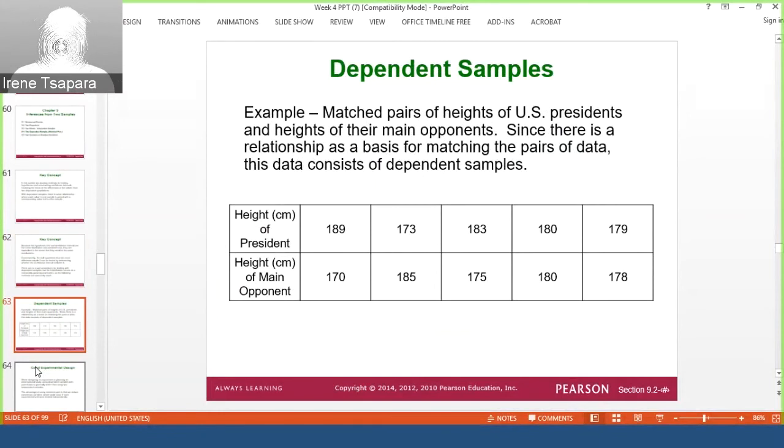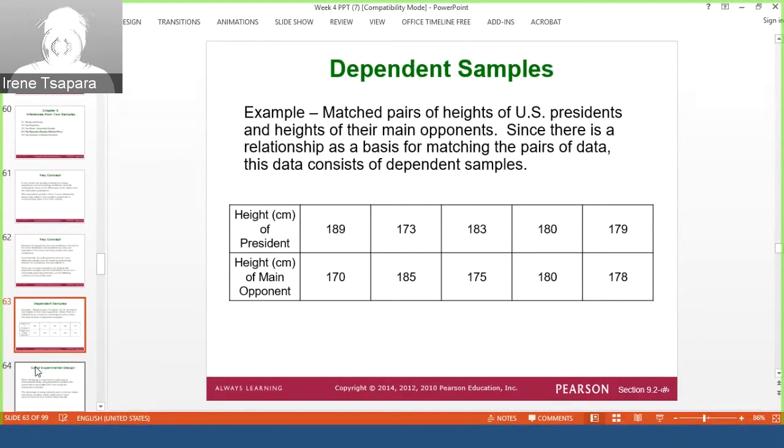The populations are the population of presidents and the population of opponents, but they are matched. So there is a relation between each one of the data points for the first sample and for the second.